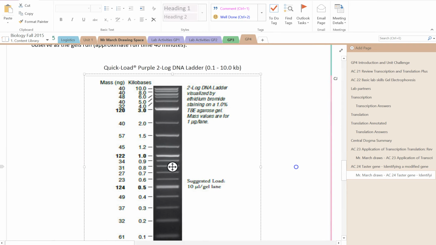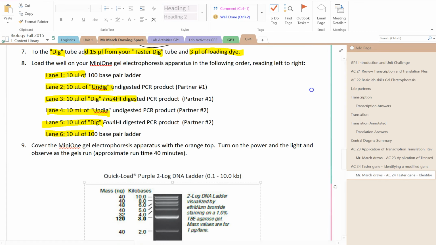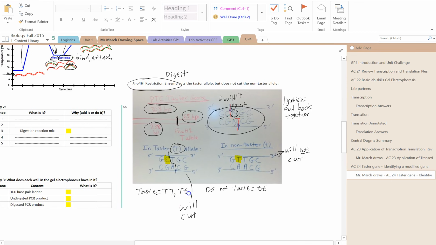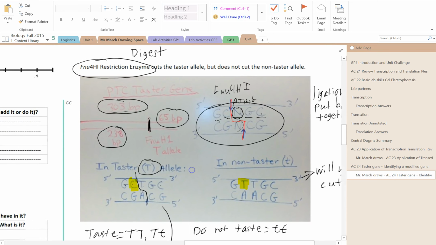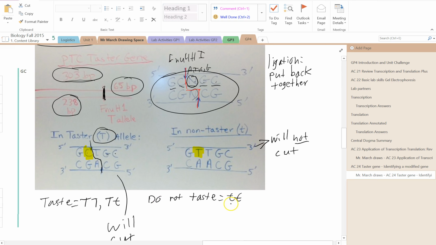And what we're hopefully going to find, what we drew yesterday, is what we will be able to see. So we know that if you are a non-taster, you are homozygous recessive, so you have 2 little t's, and the taster restriction enzyme will not cut your genome at all.